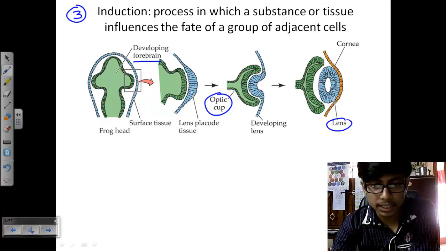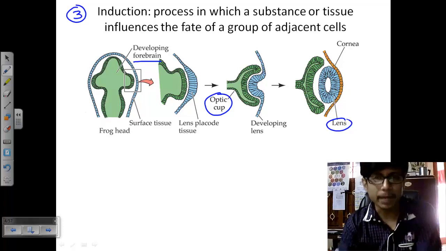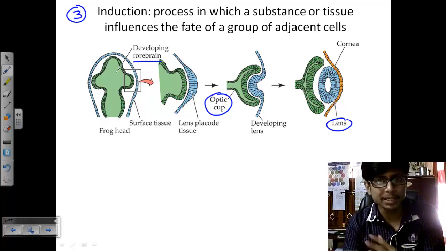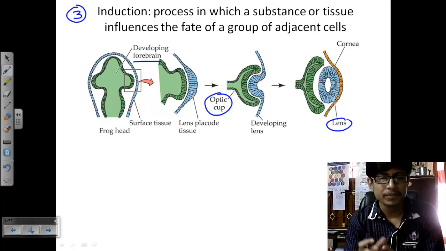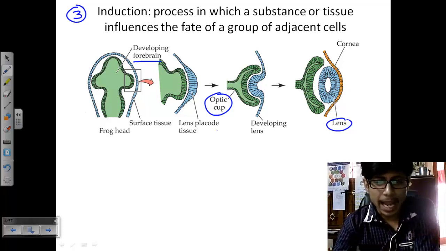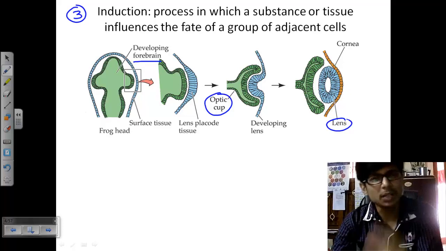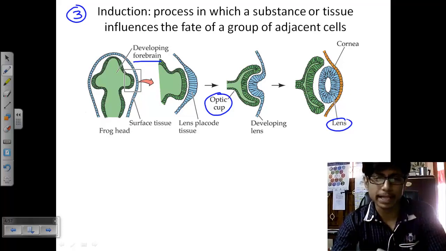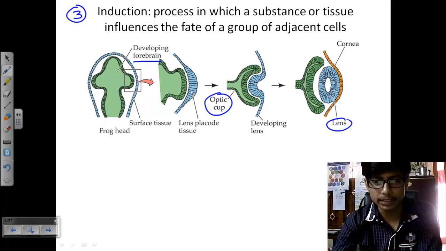The surface tissue cells slowly start to arrange themselves and grow, and the microtubules and actin filaments present in those surface tissues start to grow, and then those cells start to modify and bend in this way, and then we call them lens placode tissue.